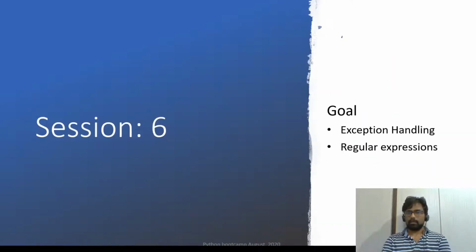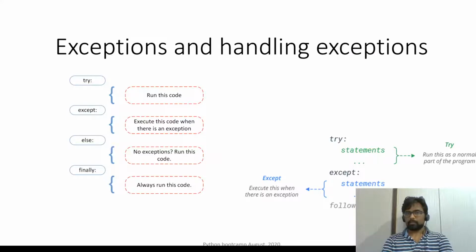Okay. And then we learned about exception handling. This is an important concept. This is the actual syntax, but most of the time we use try and except. How do you know where to put try and except? Wherever the program crashes, you need to put it. So you need to identify the critical elements of the program.